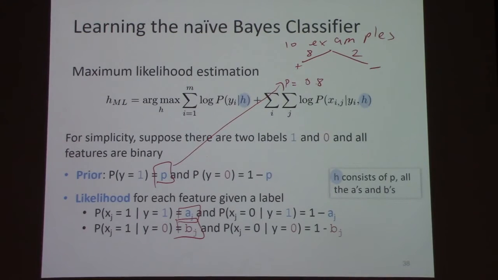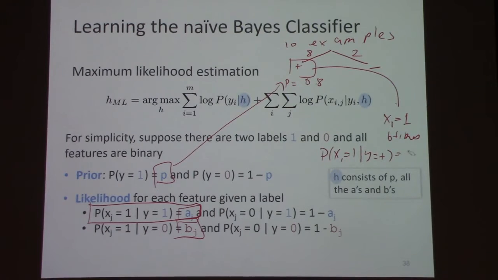Among the 8 positive examples, x1 equals 1 six times, which means the probability of x1 equals 1 given that y equals plus is 6 by 8, because there are 8 examples and 6 of them have the value 1.